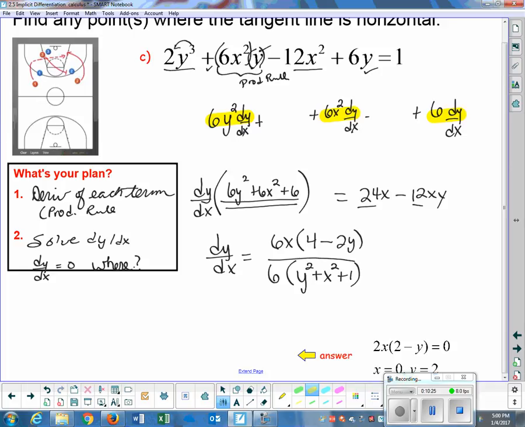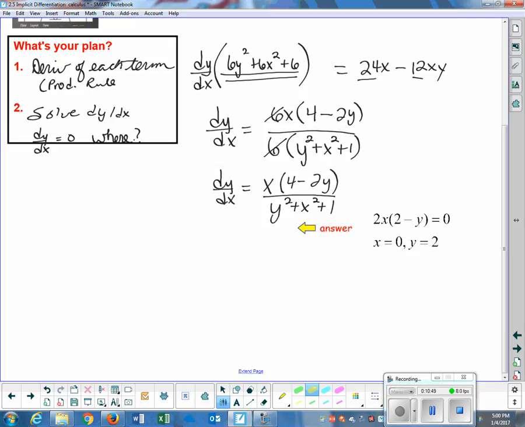Well, the 6's are going to cancel, aren't they? And that's going to give me dy dx is equal to x times 4 minus 2y over y squared plus x squared plus 1.